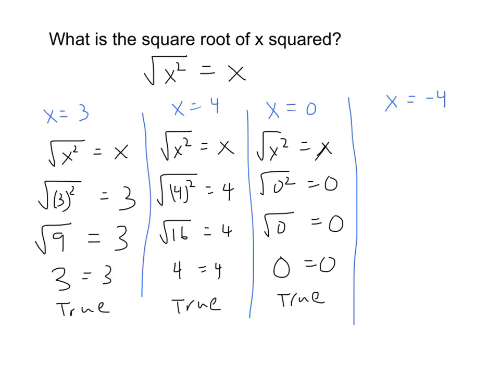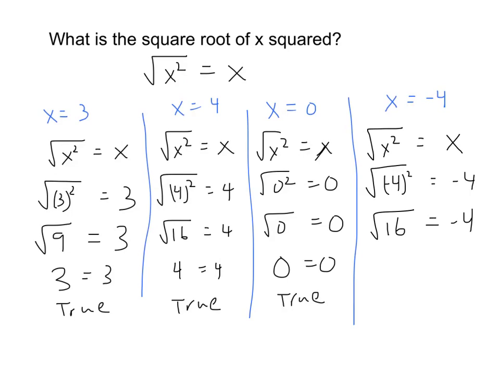Is the square root of negative 4 squared equal to negative 4? Well, on the left-hand side, negative 4 squared is 16, so we get the square root of 16, and the principal square root of 16 is 4. So 4 equals negative 4. That's false.